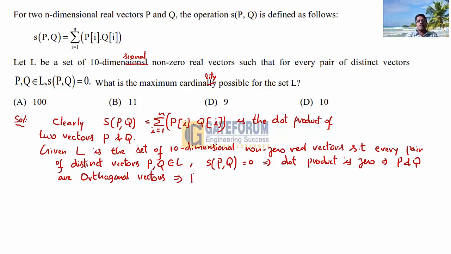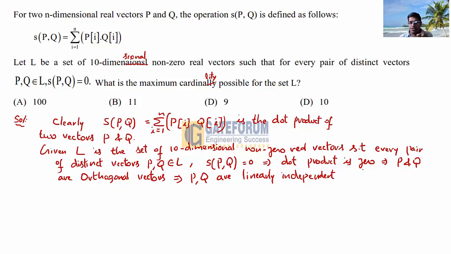This implies p comma q are linearly independent vectors. So a set of orthogonal vectors is always linearly independent. Please remember, this is a property from the basics of matrices, vector algebra, linear algebra chapter.